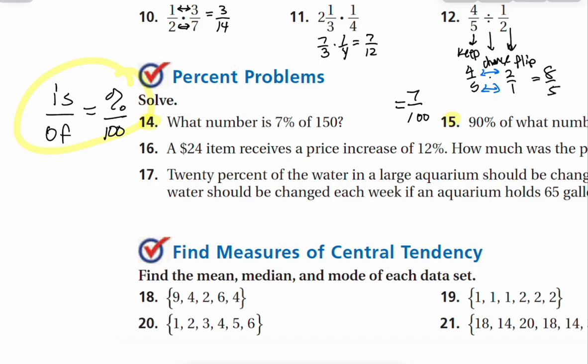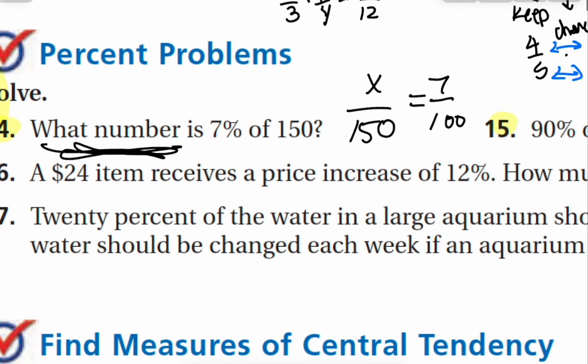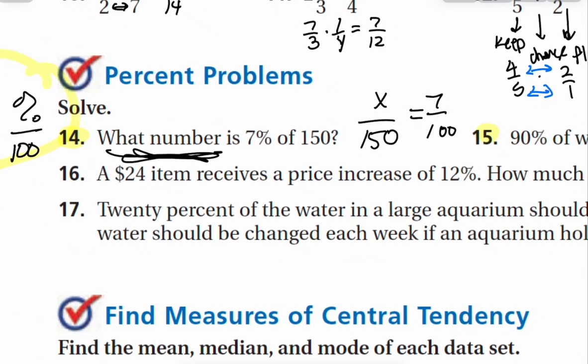That 150. So that's going to go here. Our is, what number is? Our is missing. So that's going to be our x. And remember, to solve that, you're going to multiply the 7 times the 150 and then divide by the number you haven't used. You're going to divide by the 100. So that's the setup for number 14.